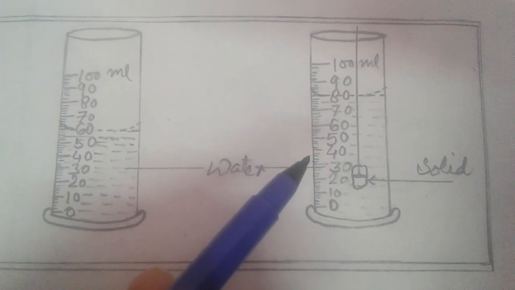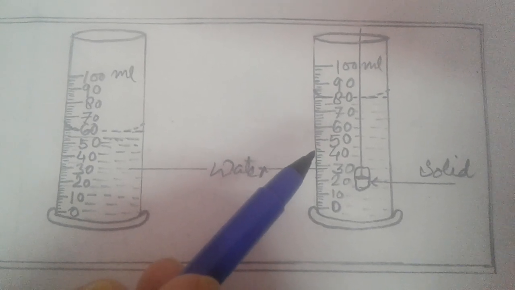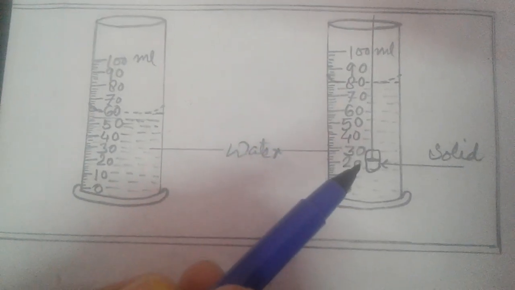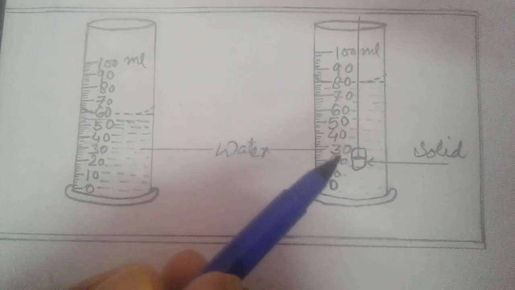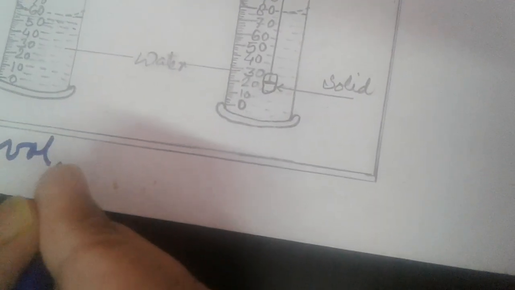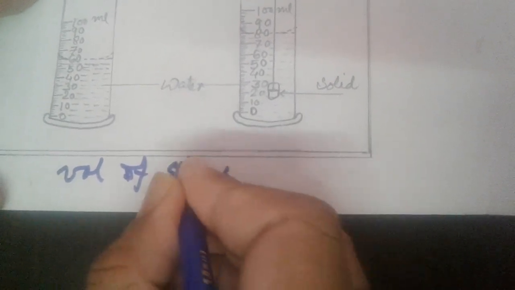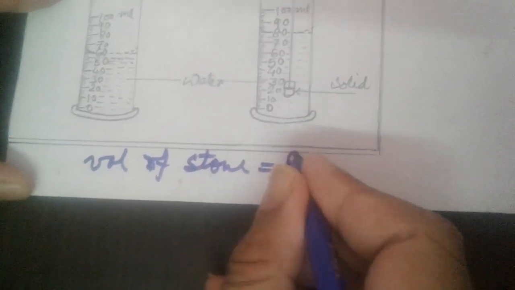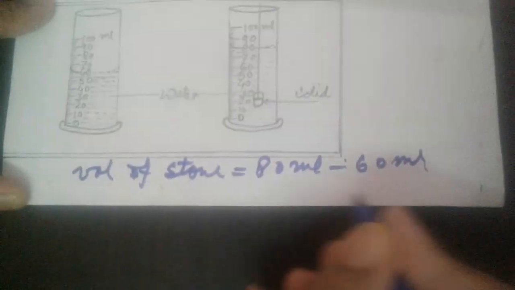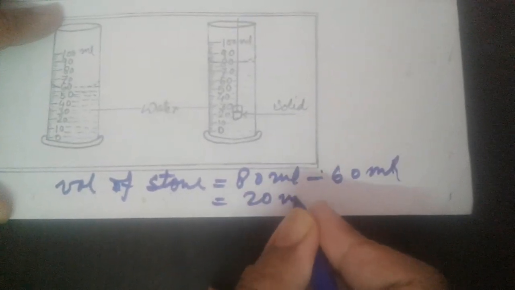Because stone also occupies space. Water cannot go downwards or sideways, so it rises up. Suppose new volume of water is 80 milliliter. So volume of stone will be equals to 80 milliliter minus 60 milliliter, that is 20 milliliter.